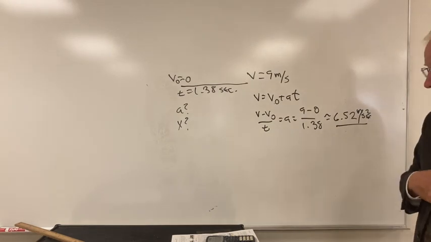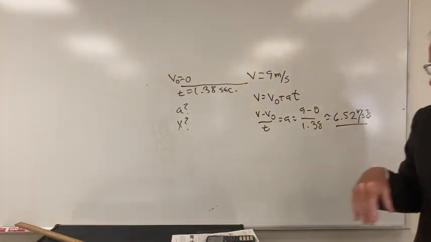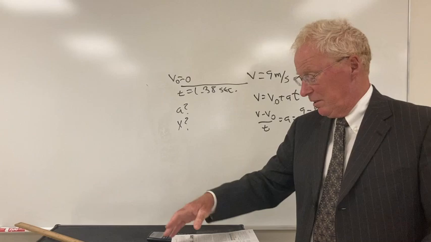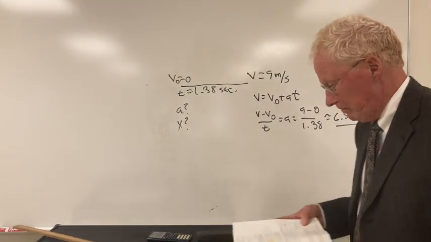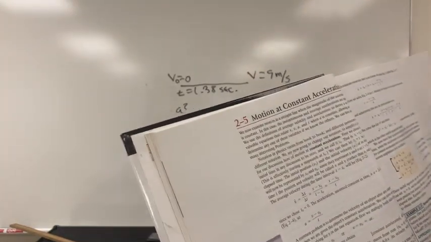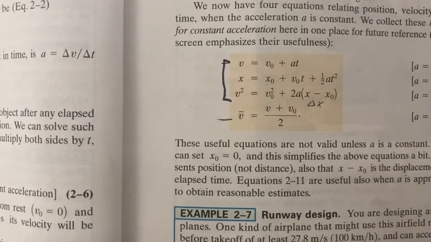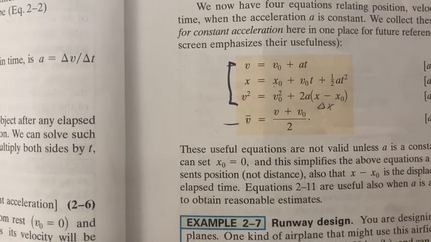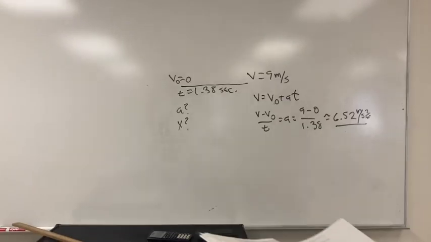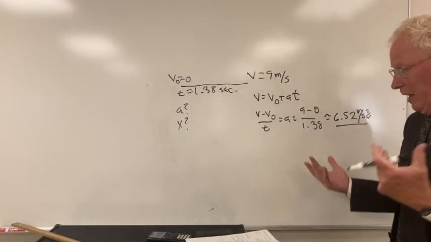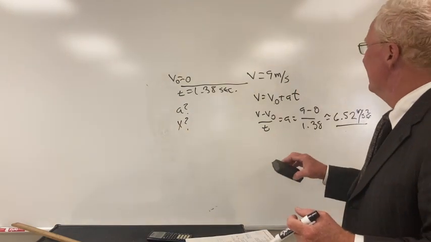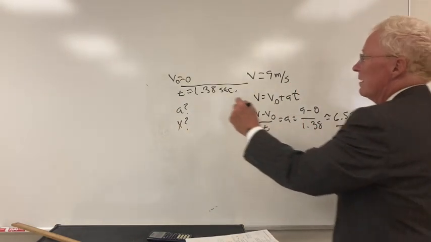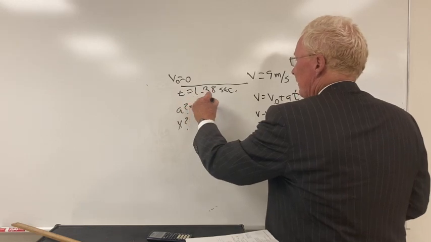All right, during this time, the runner is constantly accelerating. How far are they going in that time? Now, there's a couple equations we could use for this. If you go back to the original ones, we could either use the second equation or we could use the third equation. And actually, I will use both just to show you how this works. So the second equation, all right, so A is 6.52.